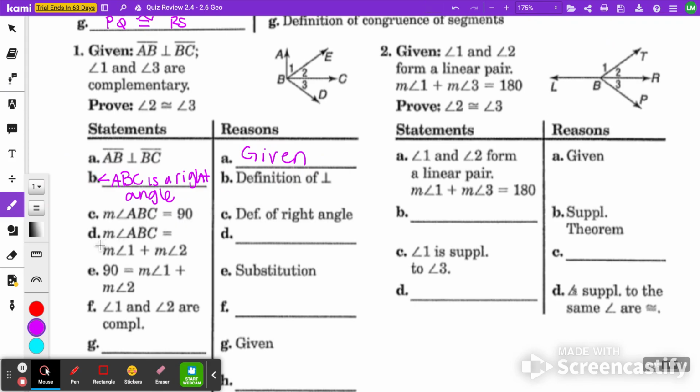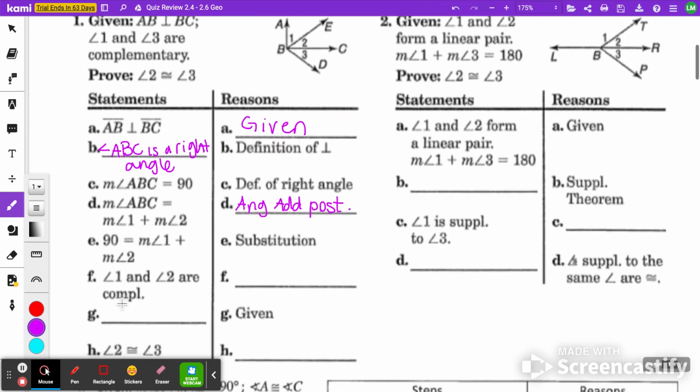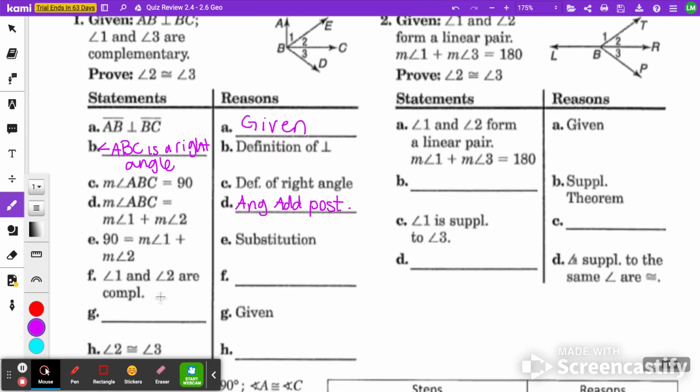Now let's look at this next part. The measurement of ABC is equal to the measurement of angle 1 plus the measurement of angle 2. That is your angle addition postulate. Okay. Now we can substitute 90 degrees, because we know it's a right angle, is equal to the measurement of angle 1 plus the measure of angle 2. So if you're trying to prove that angle 1 and angle 2 are complementary, that's the definition of complementary angles.